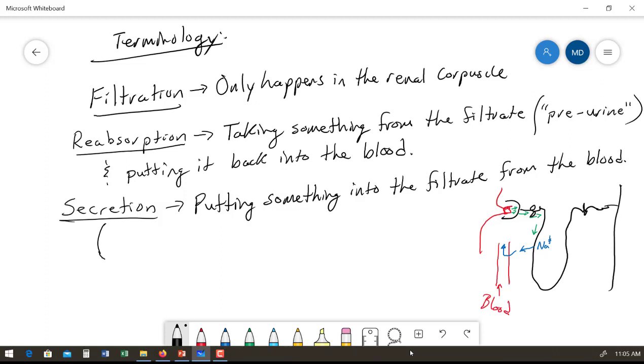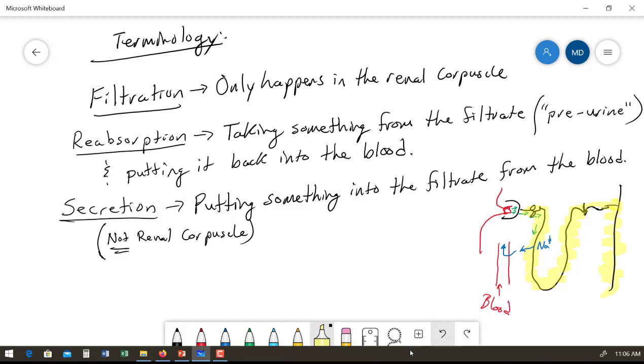It might sound very similar to filtration, but this does not occur in the renal corpuscle. So we're going to put not renal corpuscle. Where this does occur is in all the tubules. So basically all of these areas here that were the same for reabsorption can also do secretion.